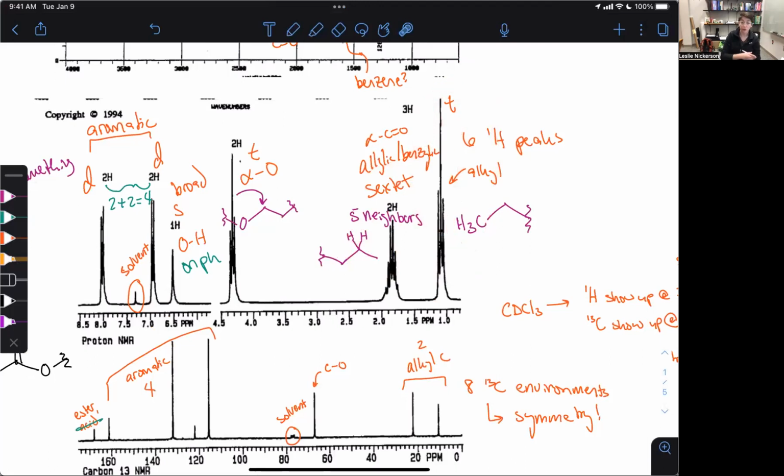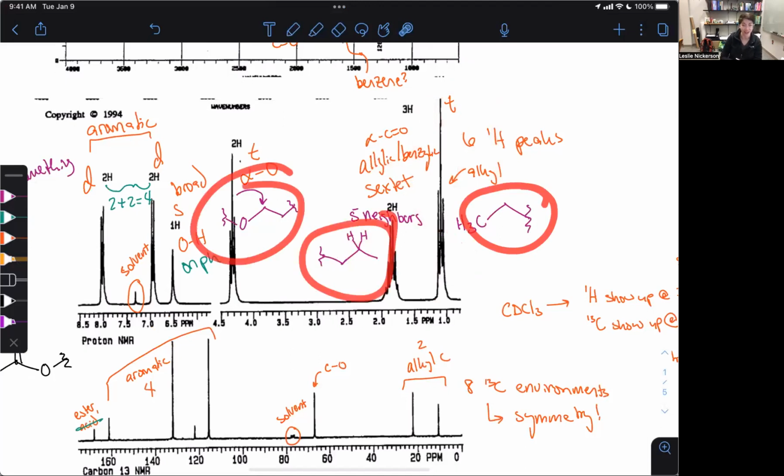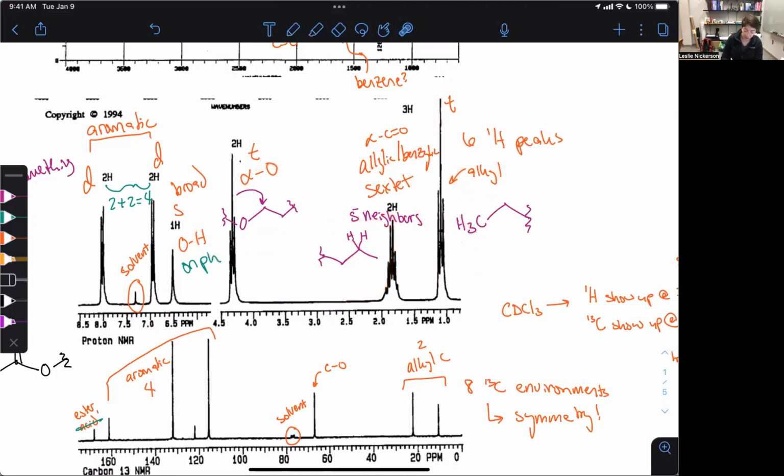So if you look at what I have here, I have the same fragment drawn out a whole bunch of times, where I first start off with this oxygen influencing the H's right here. Those H's see these H's as neighbors, and because the oxygen's here, it gets shifted to the left. And then the next one, I've got 5 neighbors now, so I have a CH2 next to a CH3.